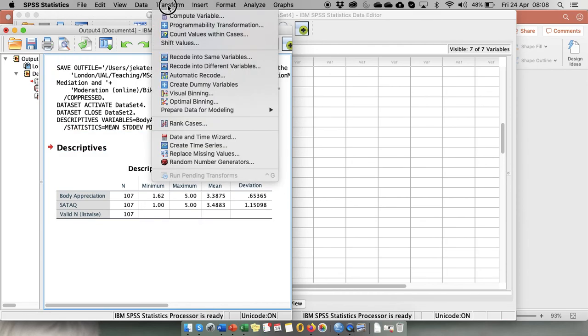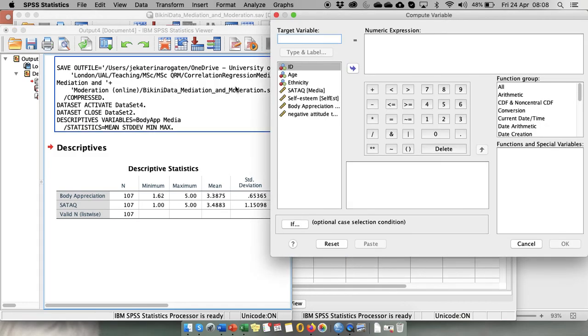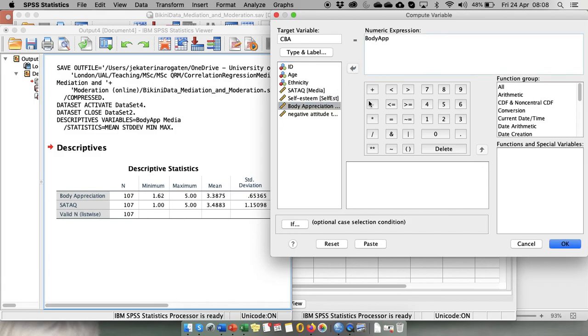To center, go to Transform, Compute Variable, and the first one will center the body appreciation variable. We'll call it CBA, centered body appreciation, and we'll have body appreciation minus 3.3875, the mean of that variable, and we press OK.